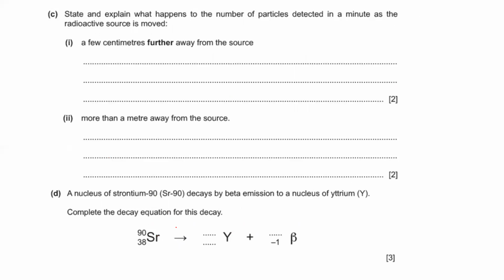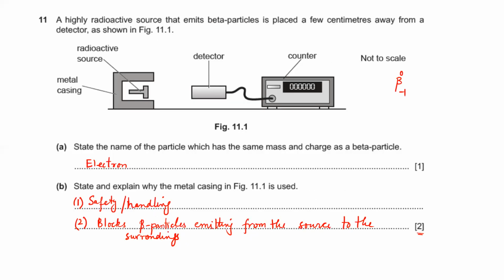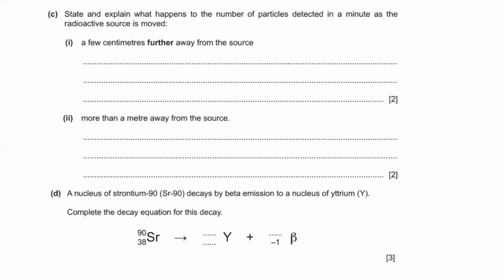Then it says state and explain what happens to the number of particles detected in a minute as the detector is moved a few centimeters further away from the source. So now what you have done is that you have moved this detector away from the source.